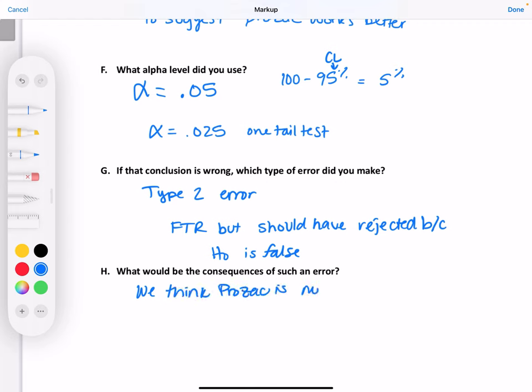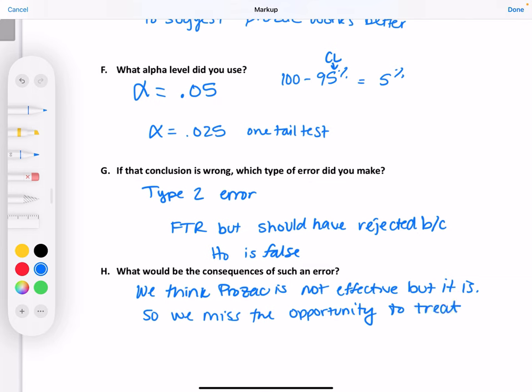But it is. So we missed the opportunity to treat the women with anorexia.